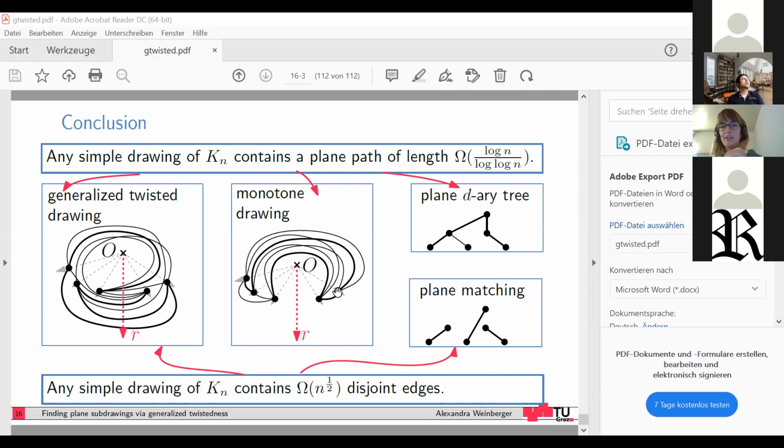Okay. But we can have Harary-Hill drawings, we can draw them C-monotone. Okay, so this direction works. And about which part is monotone and which part is generalized twisted, I would guess that it's more on the monotone side. Also the extra parts like the top and the bottom are monotone. All right. Okay.